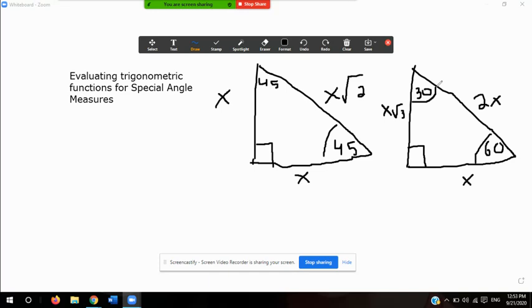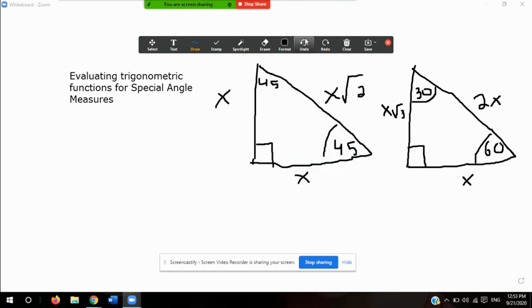Example number 1 of your textbooks, on page 35, says, evaluate the 6 trigonometric functions for an angle that measures 30 degrees.